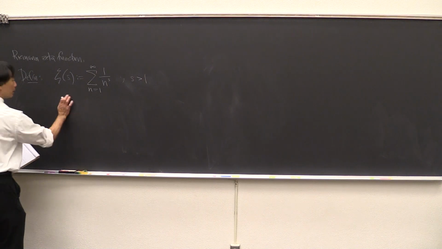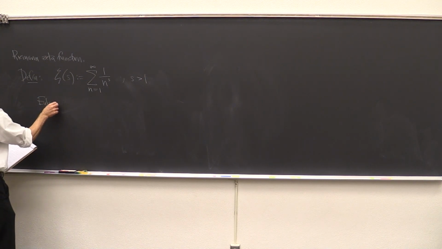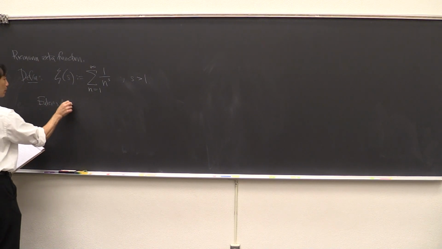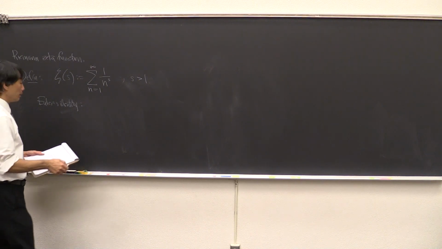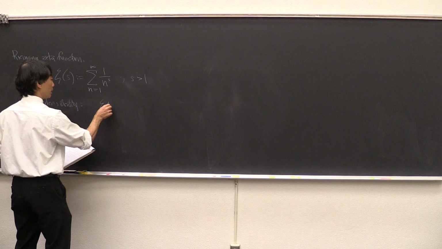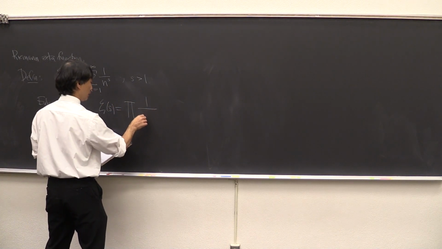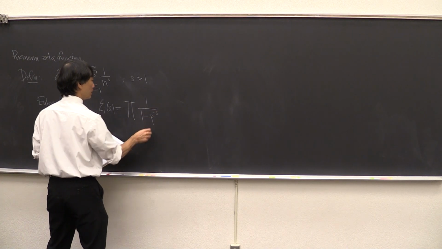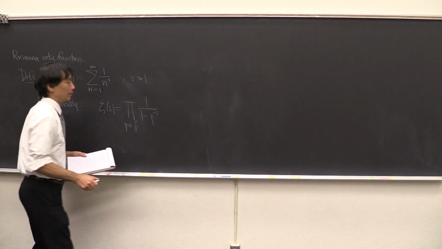There is the so-called Euler's identity. And that says that, in fact, the zeta function can be expressed as the product of 1 over 1 minus p to the negative s, where p ranges over all primes.